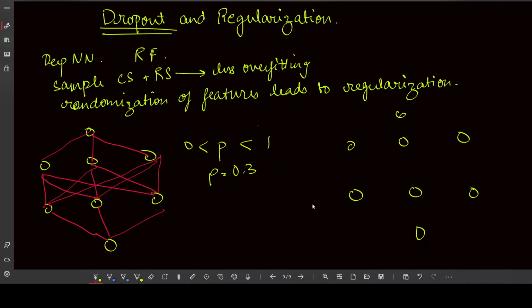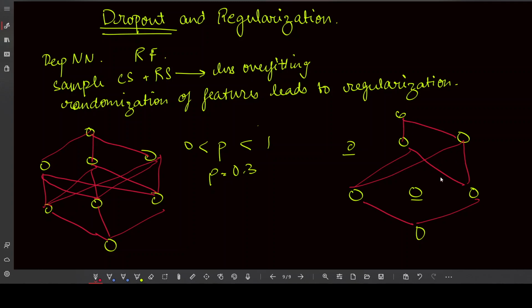Over here in this layer, I have three neurons, and 30% of that is approximately one neuron. So randomly, for every iteration, I'm going to pick a neuron from this layer and close all the inputs and outputs to that neuron. Let's say in the first layer it's this one, and in the second layer it's this one. So my inputs will not go into these two neurons, and ultimately my inputs will only be like this, okay?